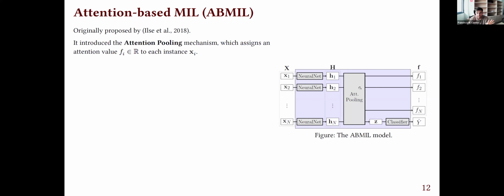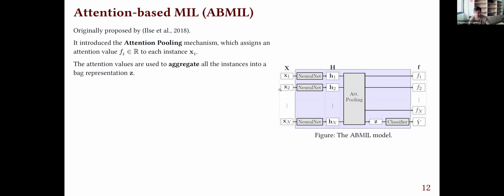This model has something called the attention pooling mechanism that assigns a number to each instance. These numbers, the Fs here, are called attention values. The attention values are used to aggregate all the representations from the instances into a bag representation. Then this bag representation is used to classify the whole slide image.